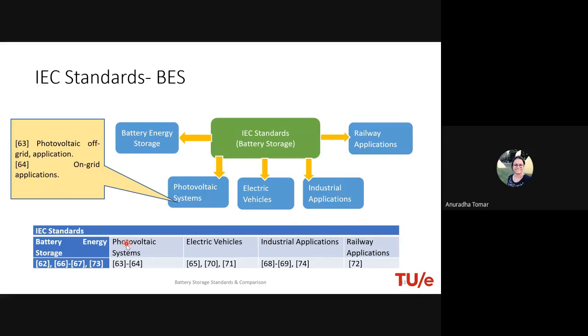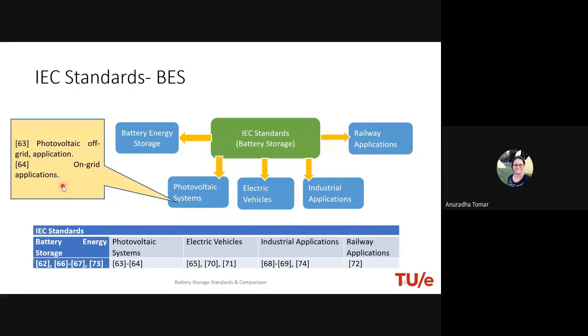For the photovoltaic and battery energy storage combination, which I've marked here, there are only two standards present, so they are very straightforward. One standard is completely focusing on photovoltaic off-grid applications, and the other is focusing on on-grid applications.